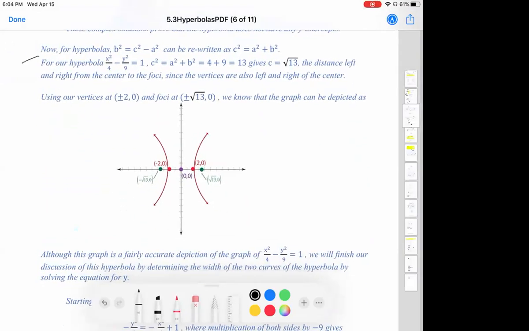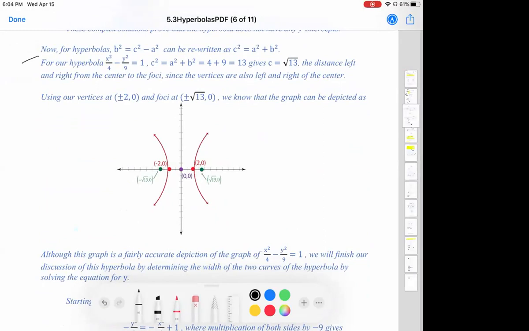Now for hyperbolas, b squared equals c squared minus a squared can be written as c squared equals a squared plus b squared. For our hyperbola, x squared over 4 minus y squared over 9 equals 1, c squared is equal to a squared plus b squared. So we add our denominators, 4 plus 9, and take the square root.